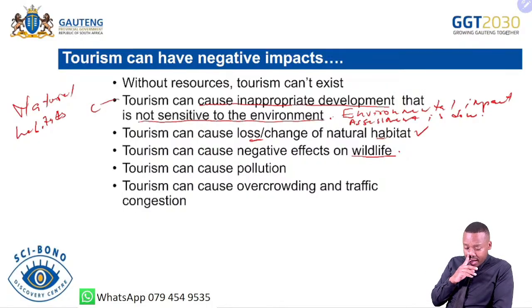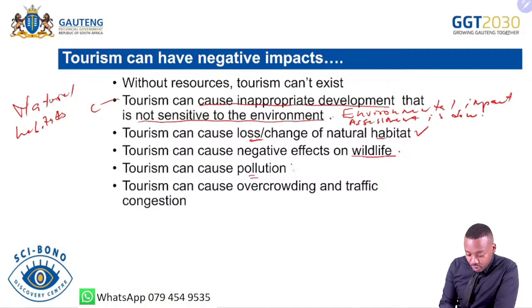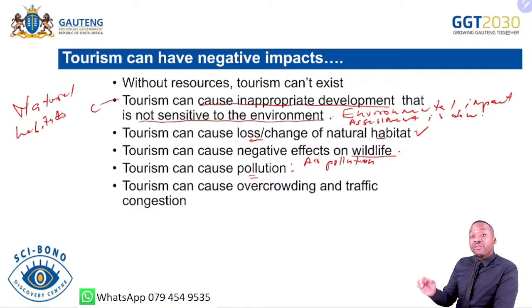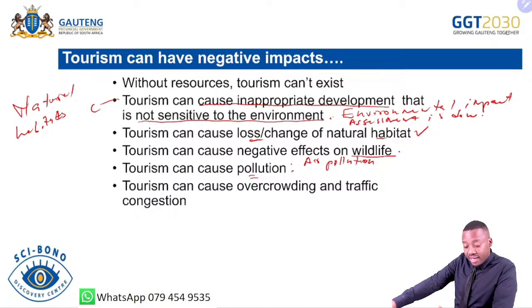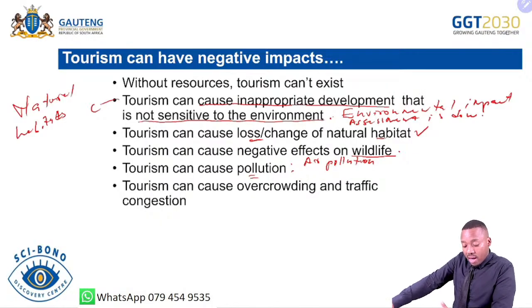We are also saying that another negative impact of tourism can be pollution, right? And here, pollution will be divided into three. It can be air pollution, right? Those people who live very close, there in Tembisa, very close to OR Tambo, people who live there in Kempton Park, people who live next to Lanseria here in the west, what could happen?